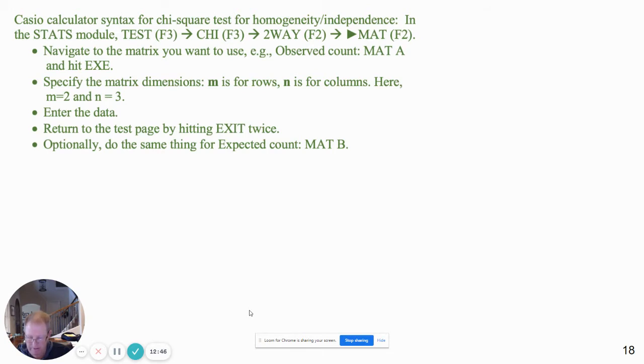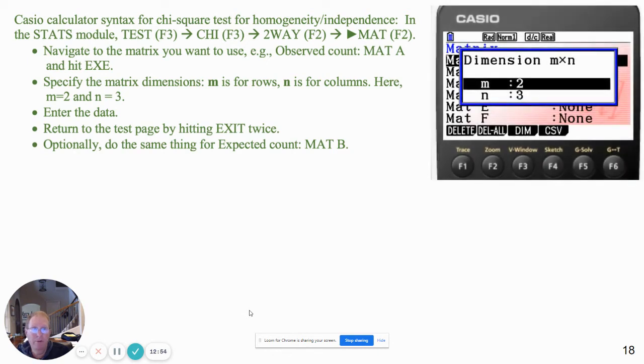So you want to hit F3 for dimensions for matrix A. Now you're going to input the dimensions. You need to specify the matrix dimensions for your table of data. M is for the rows and N is for the columns. Here in our problem, we have 2 rows and 3 columns. So M is 2 and N is 3.